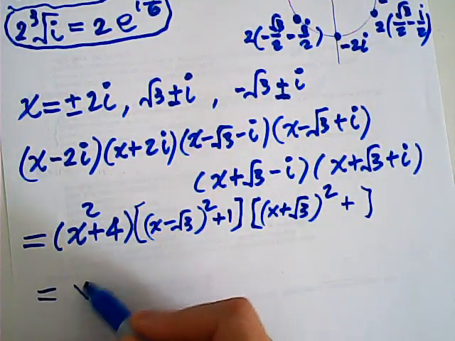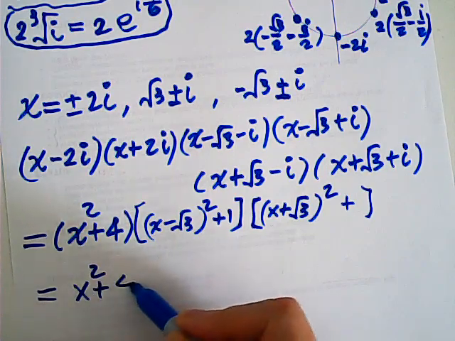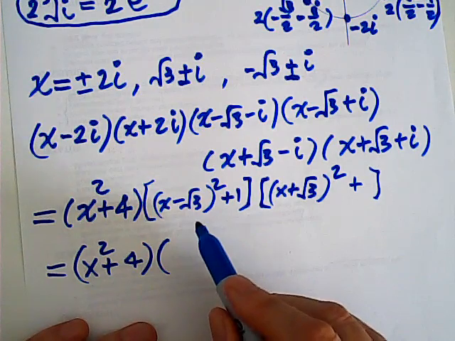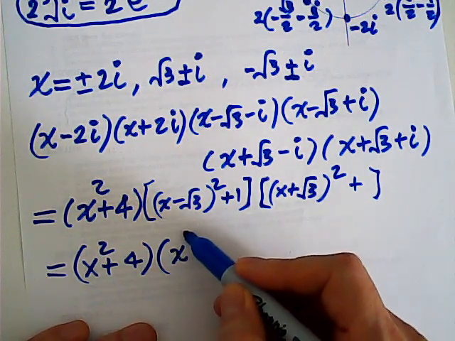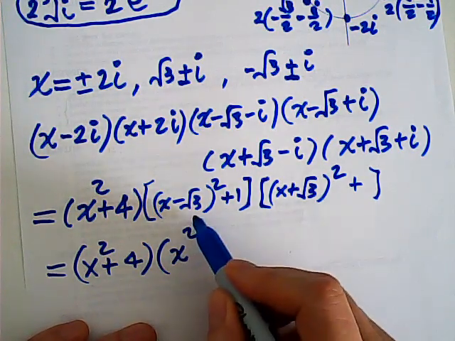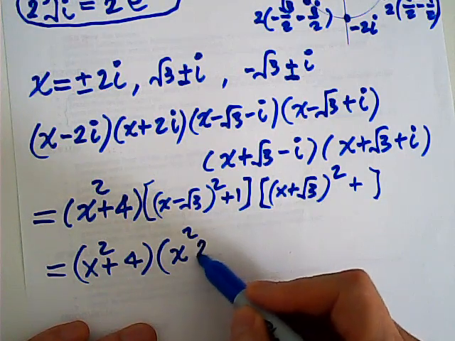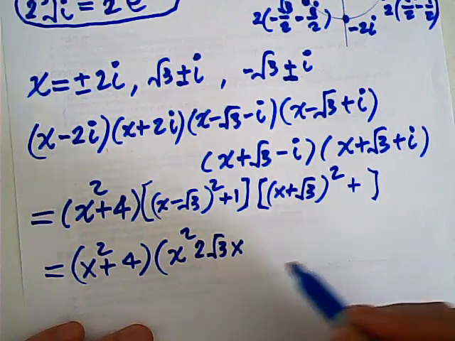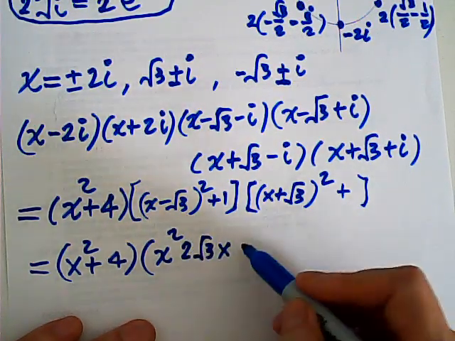So this one is x squared minus 2 root 3 x, plus 3 plus 1 is plus 4.